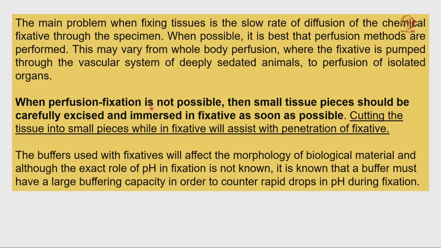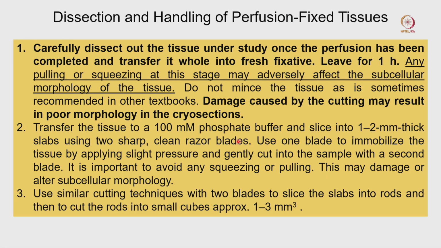When perfusion fixation is not possible, then small tissue pieces should be carefully excised and immersed in a fixative as soon as possible. Cutting the tissue into small pieces while in fixative will assist with penetration of the fixative. So, those are the common things that we should all follow.